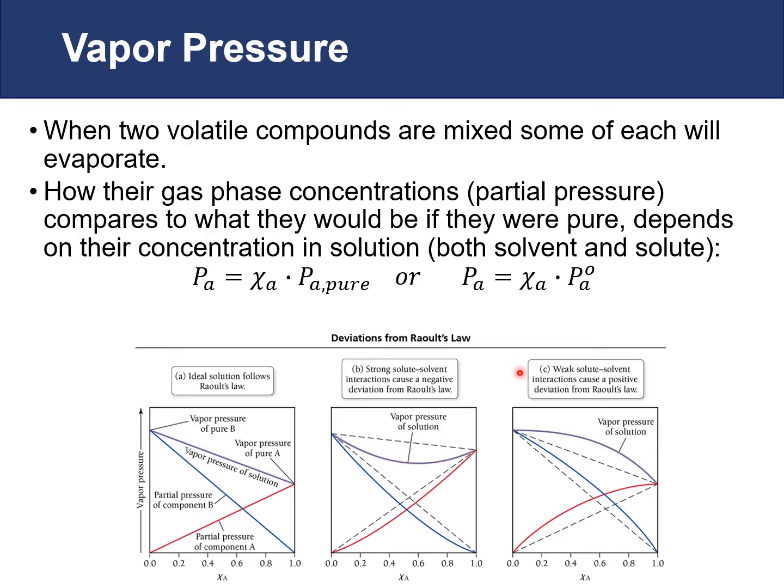In the case where we have a weak solute-solvent interaction, we get a positive deviation from Raoult's law, in which the total vapor pressure of the solution is higher than what would be predicted by Raoult's law. The reason for this is that there are weak intermolecular interactions between the solute and the solvent, so more of each will be present in the gas phase.